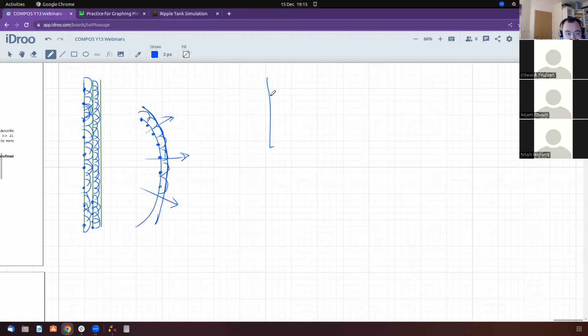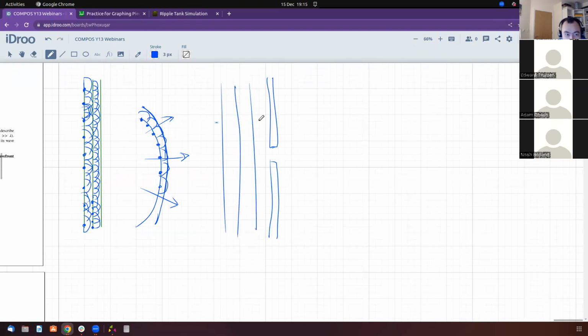So if you have a slit and there are waves coming in onto the slit, every point on the slit becomes the source of secondary waves. In other words, we have waves spreading out like this.